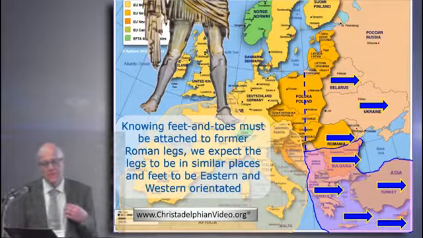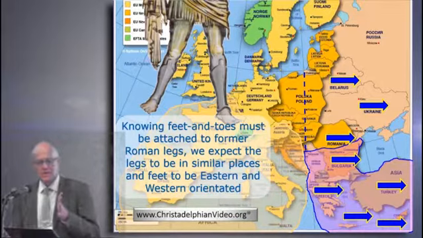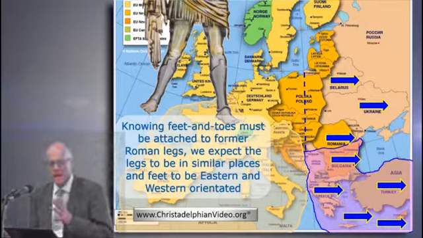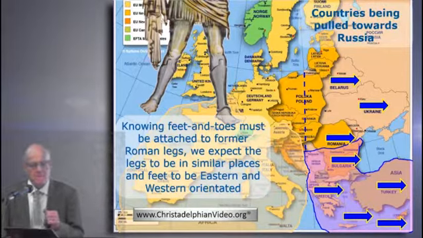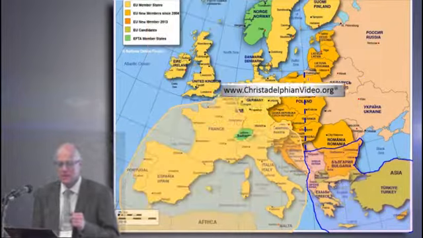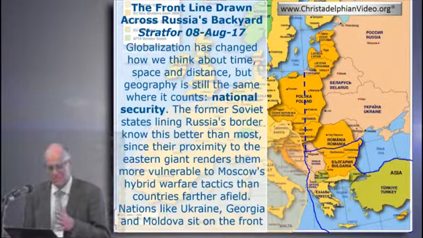And this was an article from Stratfor back in August time. The front line drawn across Russia's backyard. Globalisation has changed how we think about time, space and distance, but geography is still the same where it counts: national security.